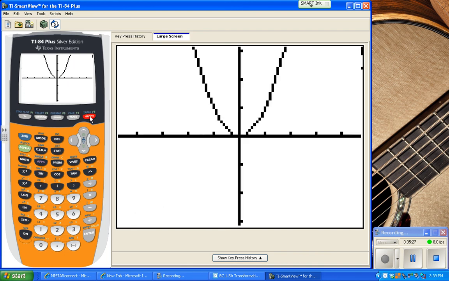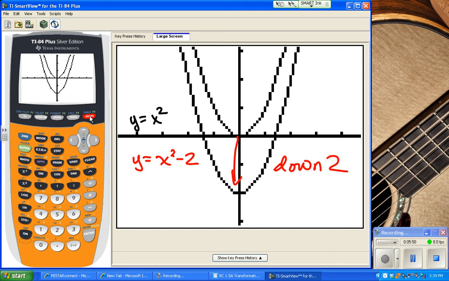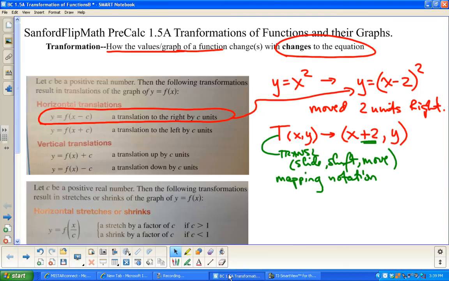Here's x squared again, and here's x squared minus 2. Just for the record, it went down 2 when we compare x squared minus 2 to the original, which was just y equals x squared. Okay, let's go back over here again.